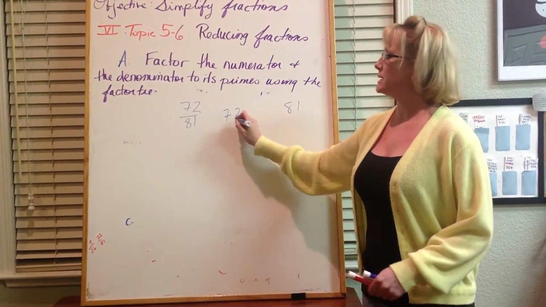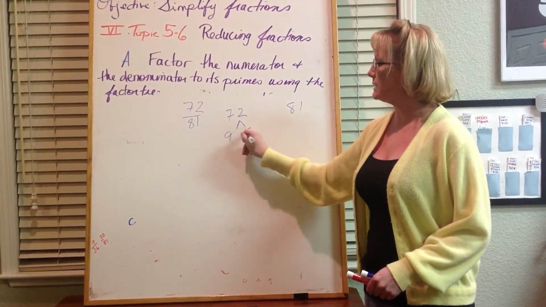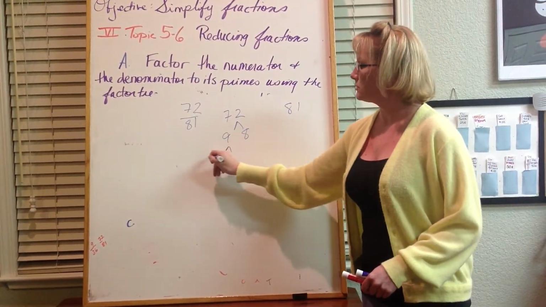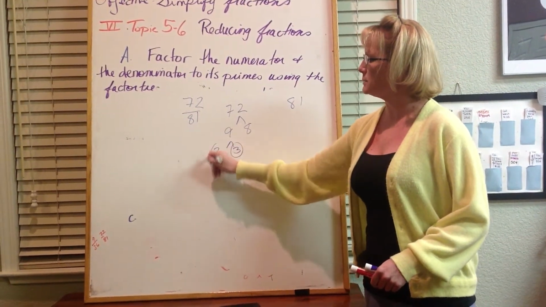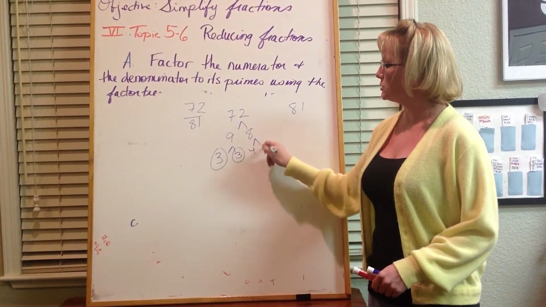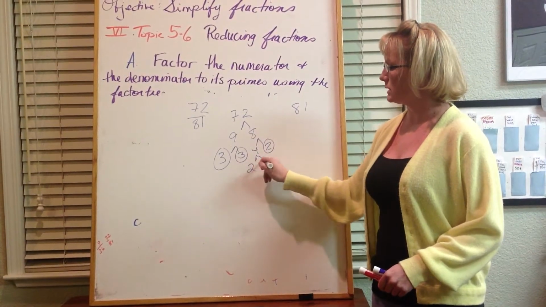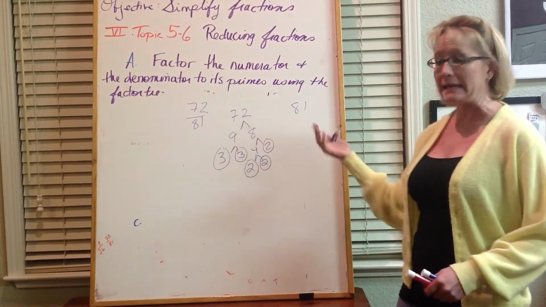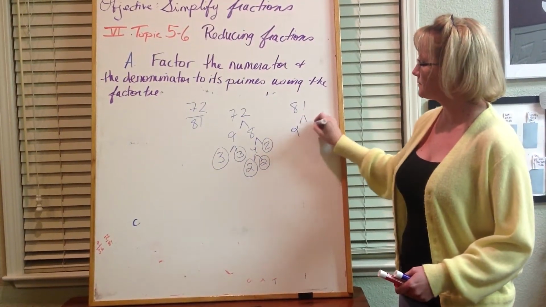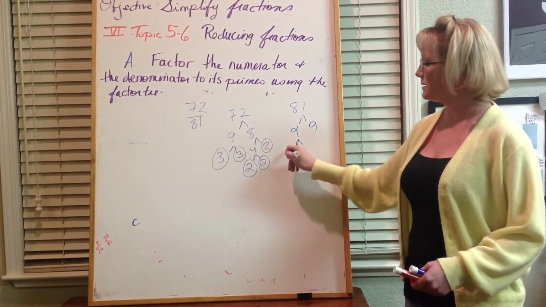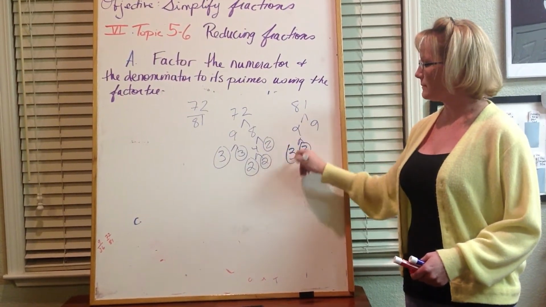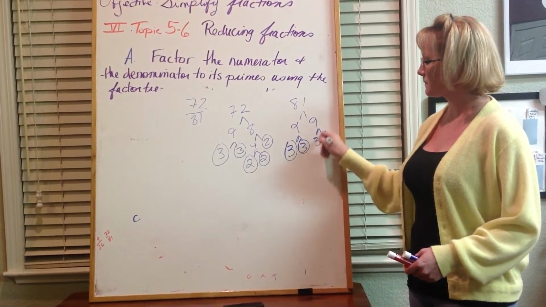So two numbers that make 72 are 9 times 8. 9 is a 3 times 3, and those are primes. And an 8 is a 4 times 2, and a 4 is 2 times 2. 81 is a 9 times 9, and 9s are 3 times 3. These are our prime numbers.